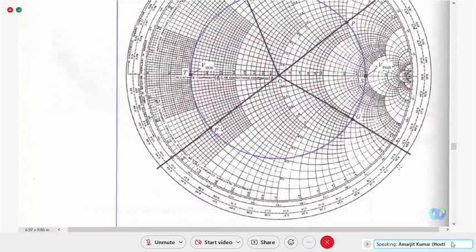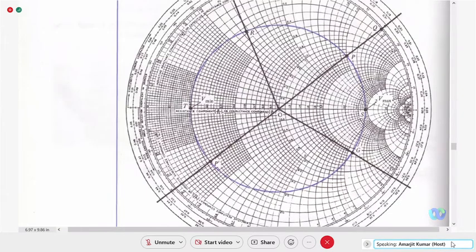Where is point T? Here, one V minima, and point S twice, because for one revolution we come back here at point G. So two times at point S and one time at point T. So it is Vmax here, and here it is Vmin. That means Zin max and Zin min.